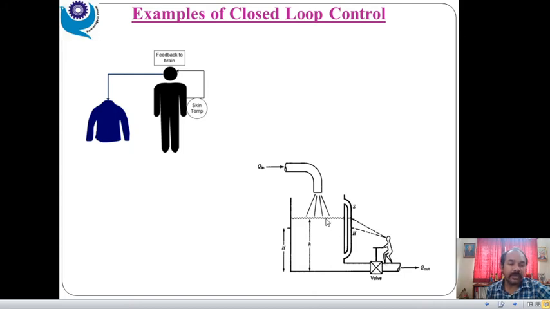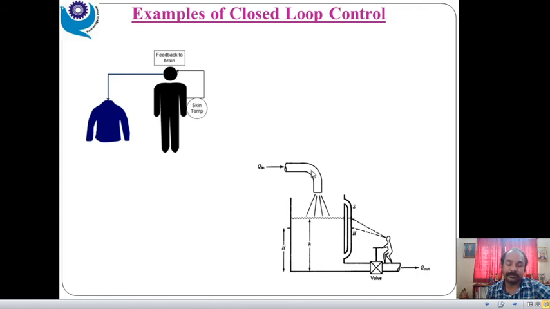So when the level of the water increases to the desired value, or the specific value, this person is continuously monitoring. That level is sensed, or you can say a feedback signal is given to that person, right? When he sees that there is the desired level, or the required level of the water, then immediately he operates this valve to turn off this tap.